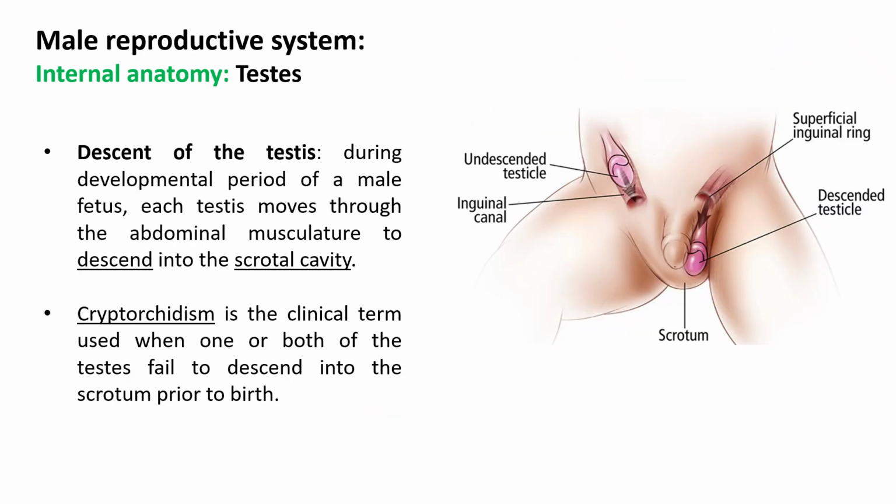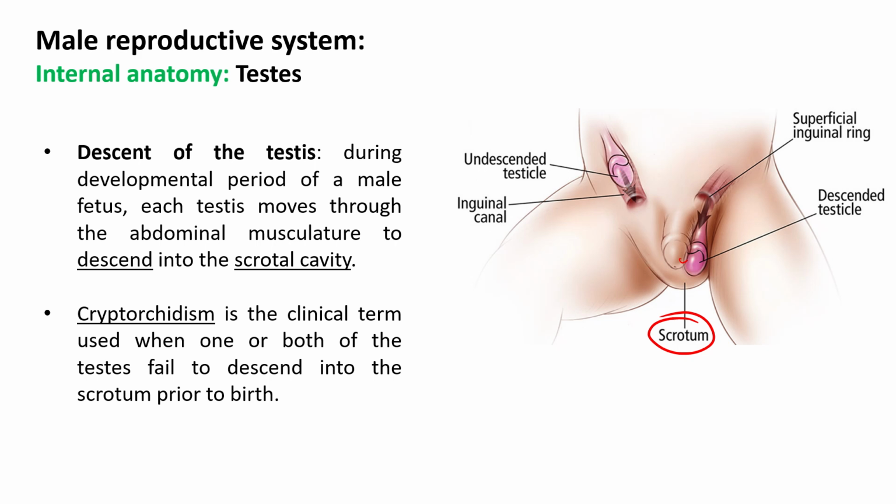Okay, another concept that is important to recognize is that during embryologic development, the testicles are initially located in the abdomen. That's where the male gonads are located initially. But part of the developmental process involves the descent of these testicles from the abdominal cavity into the scrotum.